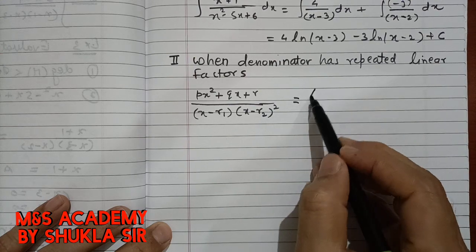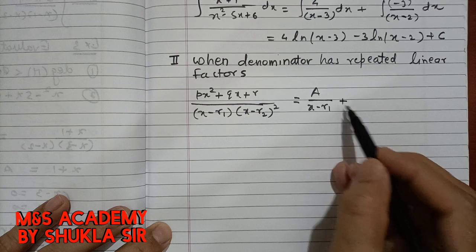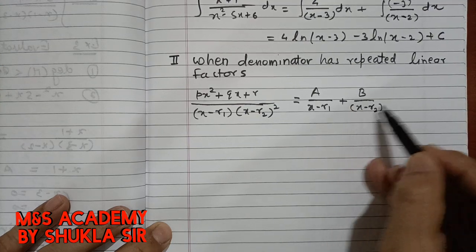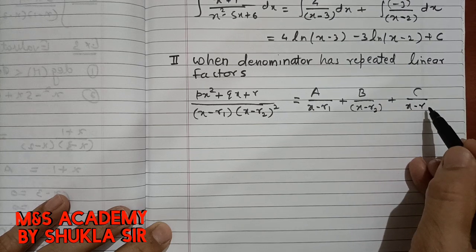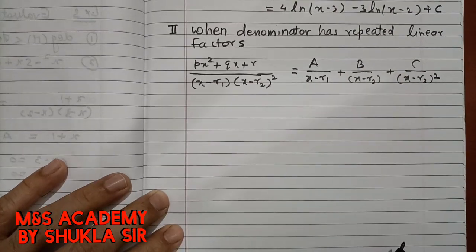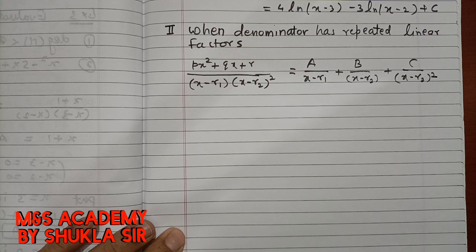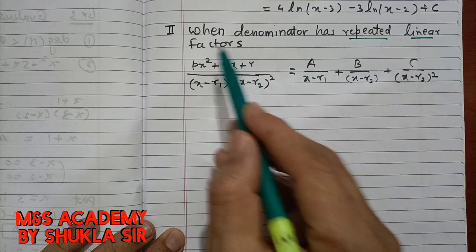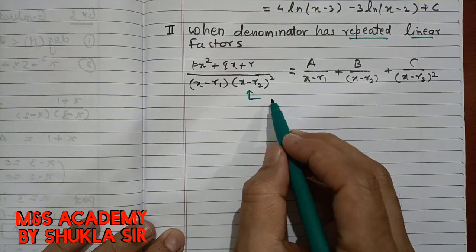So this can be written as A by (x - r1) plus B by (x - r2) plus C by (x - r2) the whole square. This is the method to find out the partial fractions of a rational function where the denominator has repeated linear factors. This is your repeated linear factor.